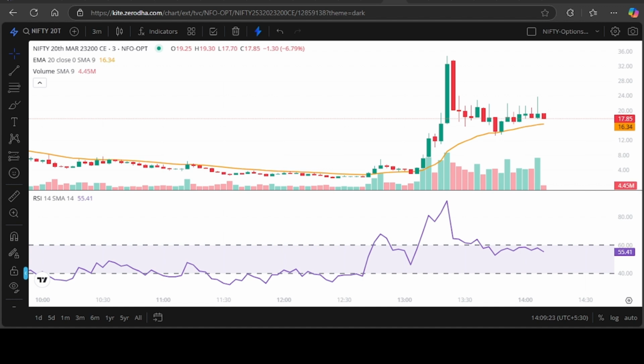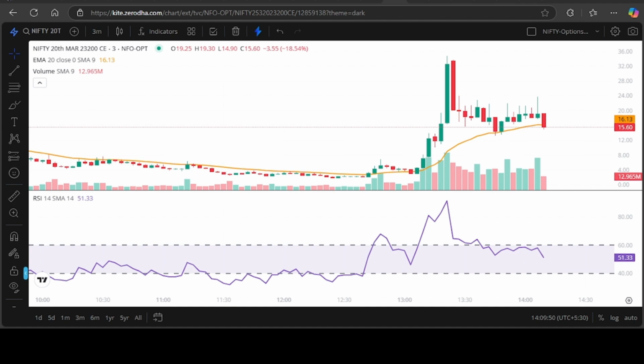Just some time before, SEBI had made expiries on every day of the week, that is from Monday to Friday. So Monday was, I think, mid-cap or Fin Nifty. Tuesday was mid-cap, Wednesday was Bank Nifty, Thursday was Nifty, and Friday was Sensex.